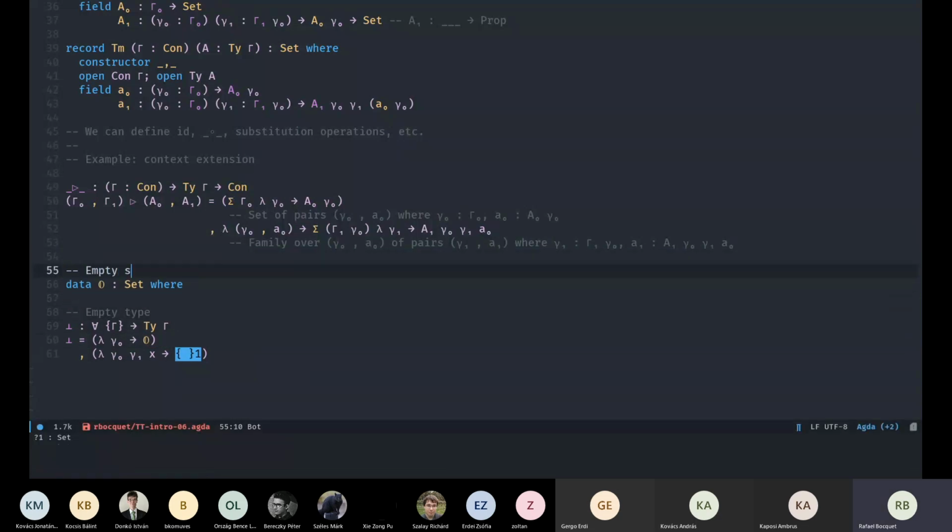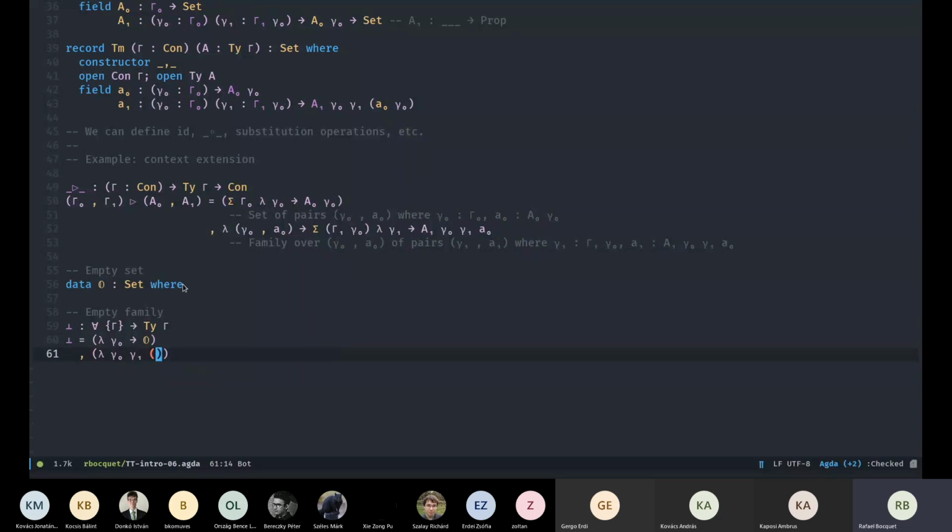So this is the empty set, and now we define the empty family. And what happens is that the first component is the empty set, and then the second component should be a family depending on this empty set, but yeah, there's only one such family.